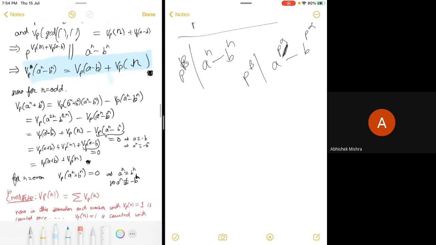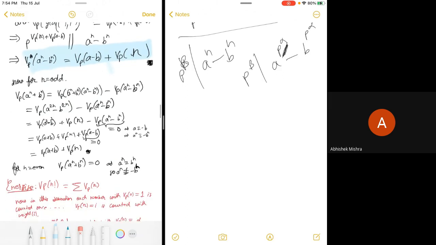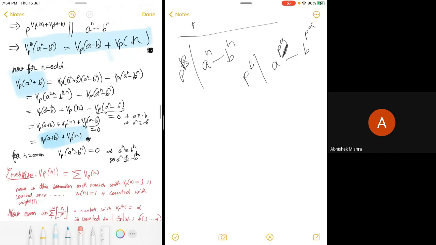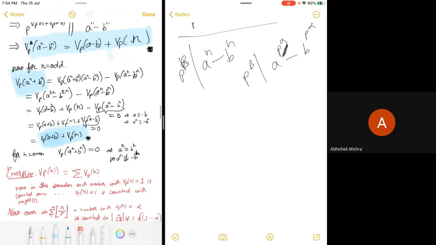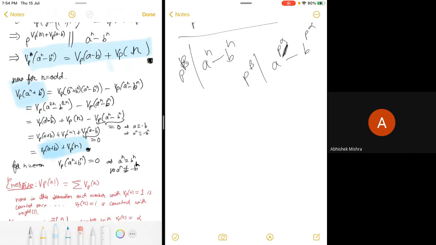Now for n being odd, we also have this result that Vp of a to the n plus b to the n is Vp of a plus b plus Vp of n, which is also very useful. So this can be done just by using the lifting the exponent lemma and the product. So write Vp of a to the n plus b to the n as this minus this.